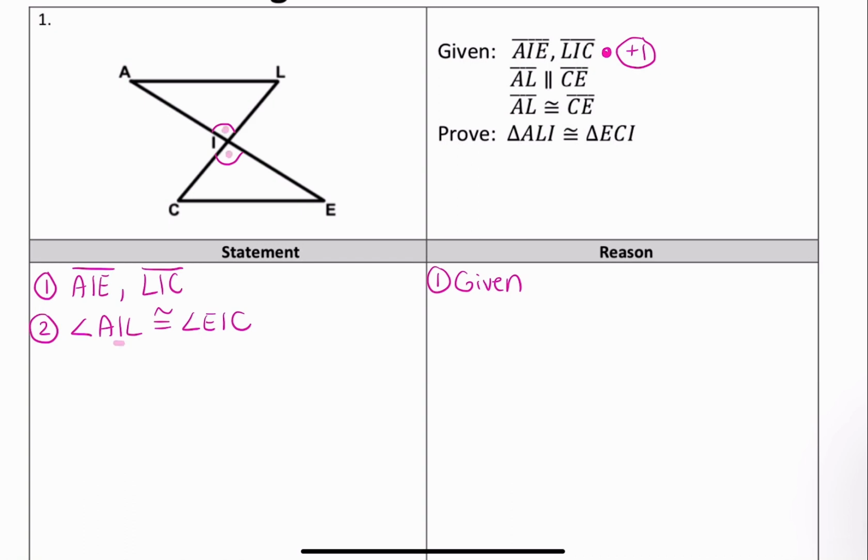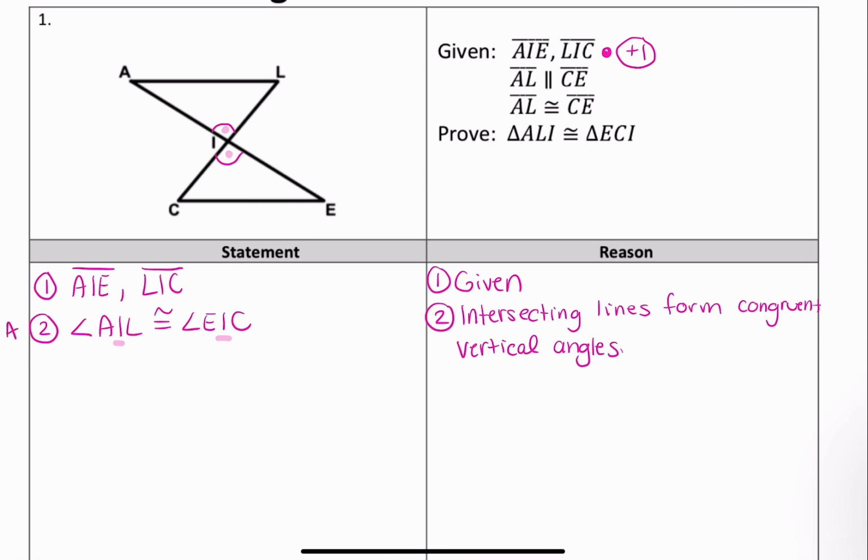So in both cases, that would be I. And the reason for that is intersecting lines form congruent vertical angles.